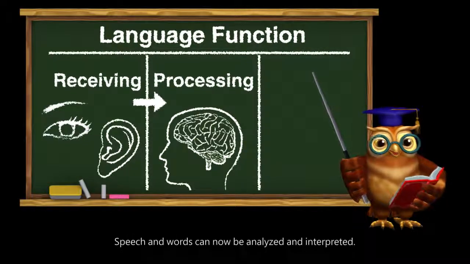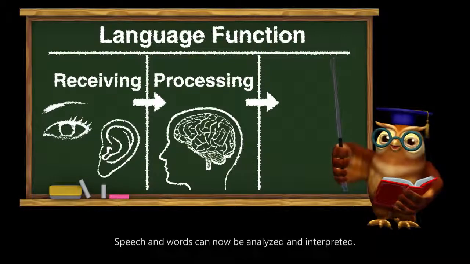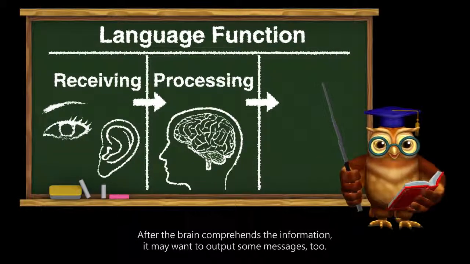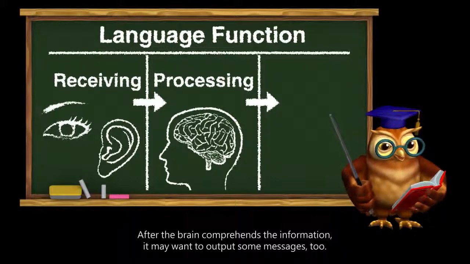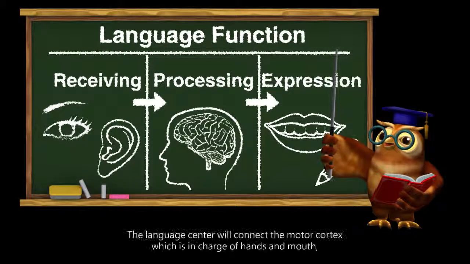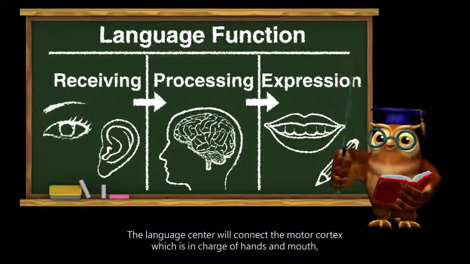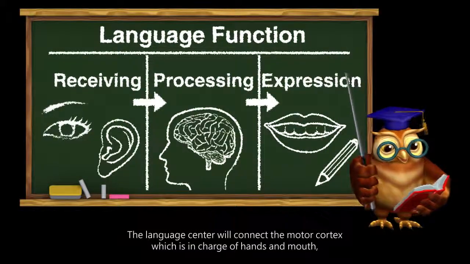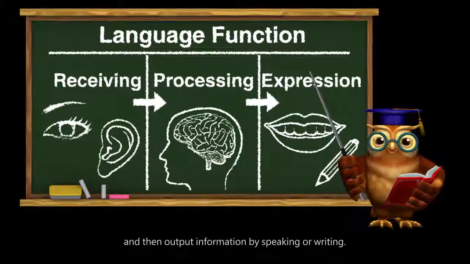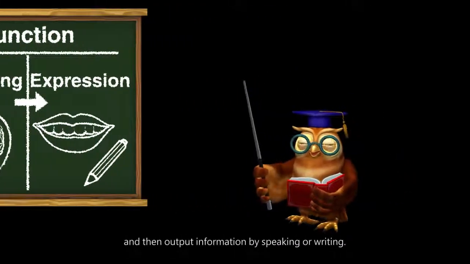Speech and words can now be analyzed and interpreted. After the brain comprehends the information, it may want to output some messages. That is expression. The language center will connect the motor cortex, which is in charge of hands and mouth, and then output information by speaking or writing.